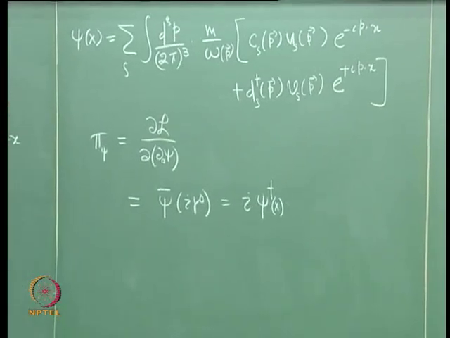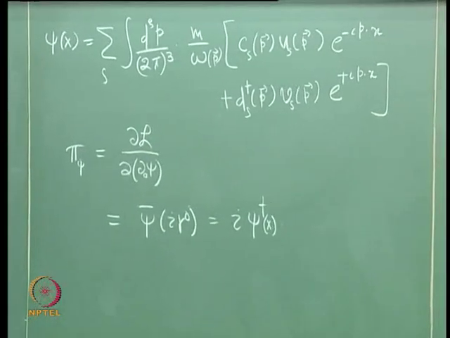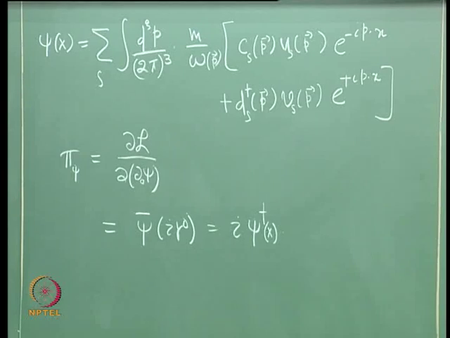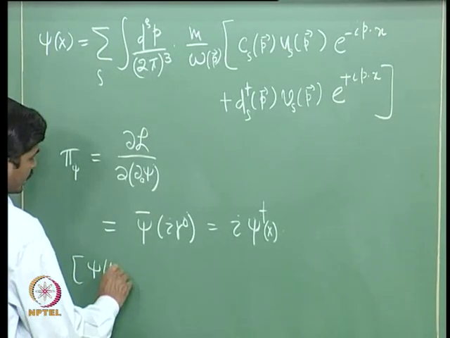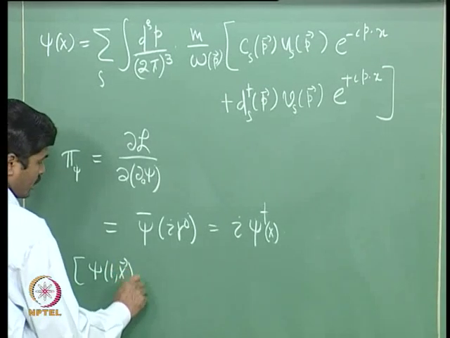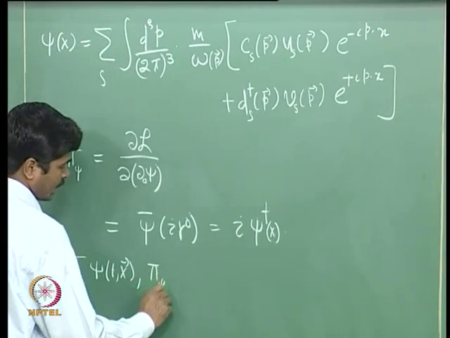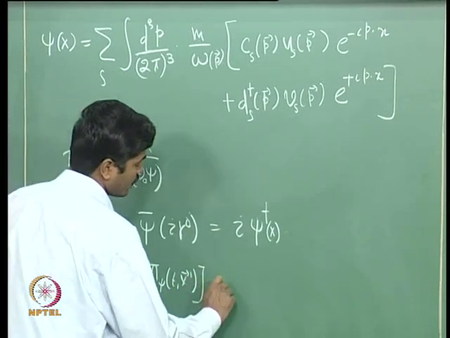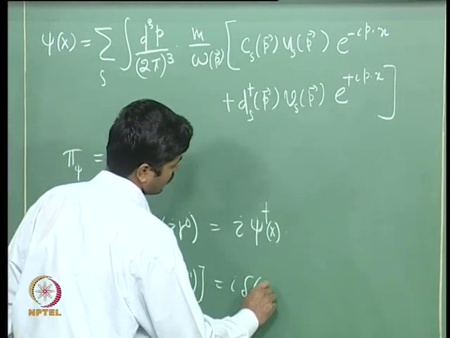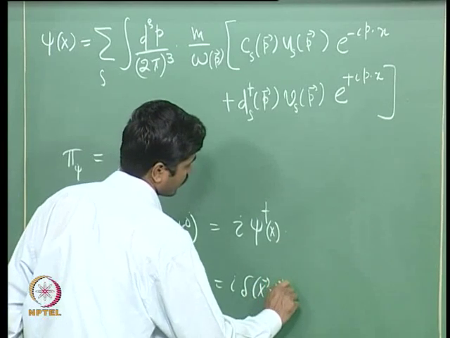So you might think that the equal time commutation relations will again be of this kind: [ψ(t,x), π_ψ(t,x′)] equals iδ(x − x′).